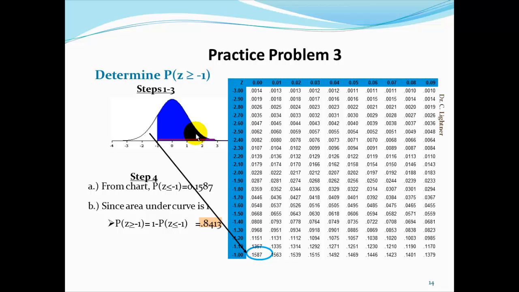All of that has to equal 1. If we solve that equation for x, we would get 1 minus 0.1587, which equals 0.8413. Therefore, the probability that z is greater than or equal to -1 equals 0.8413.